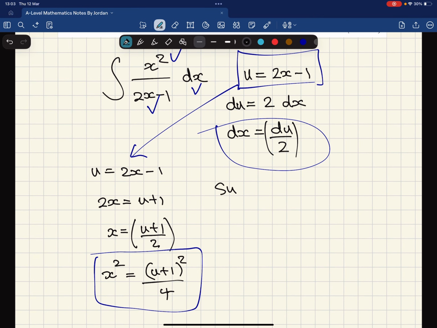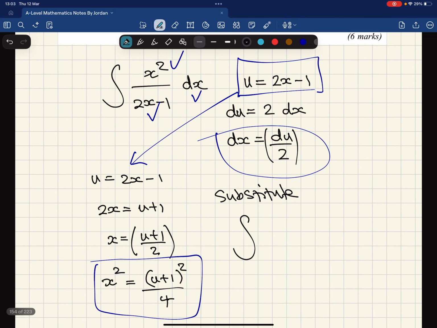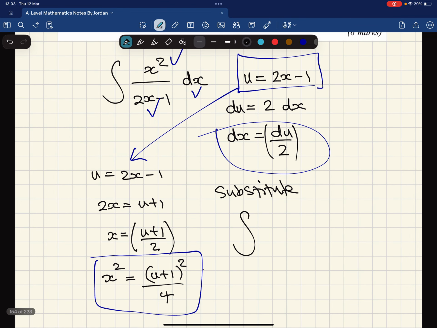So substitute now. X squared, substitution is down here. So I'm going to write u plus 1 all squared over 4.